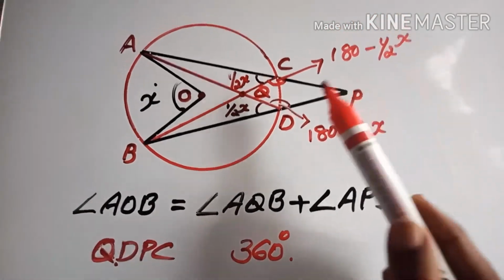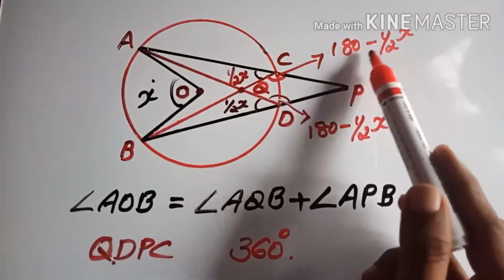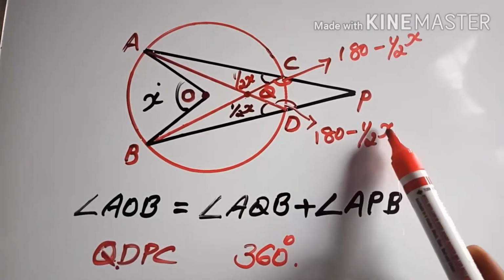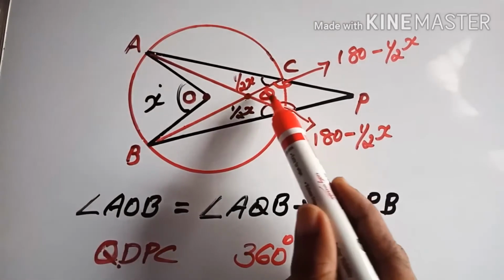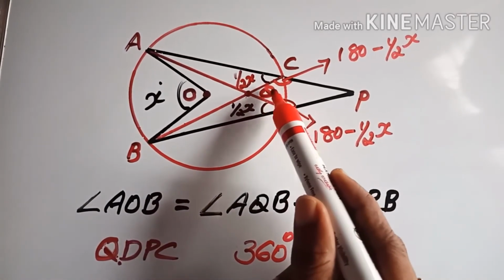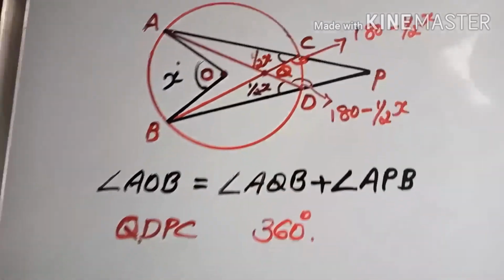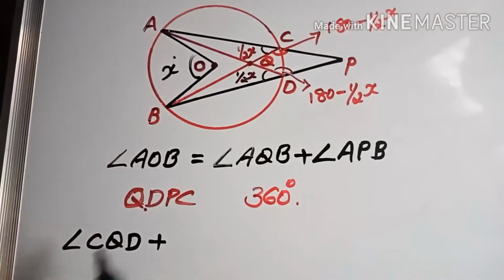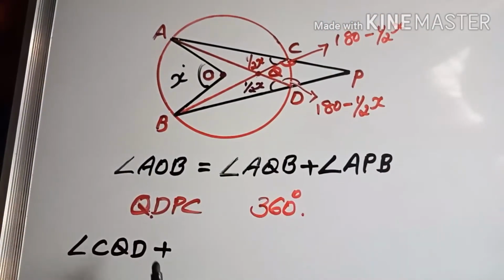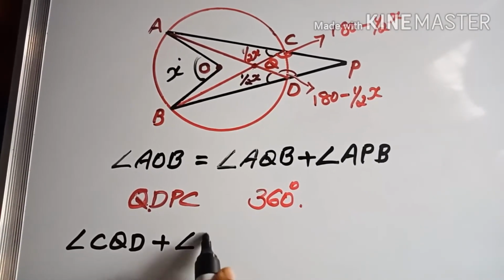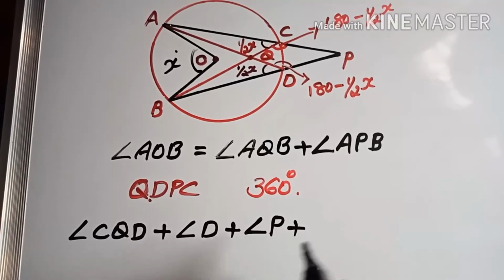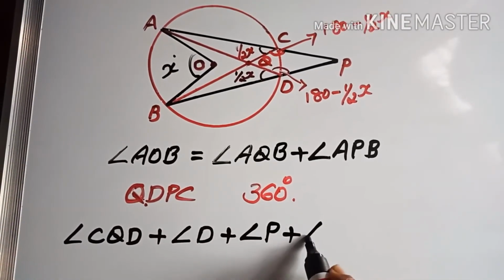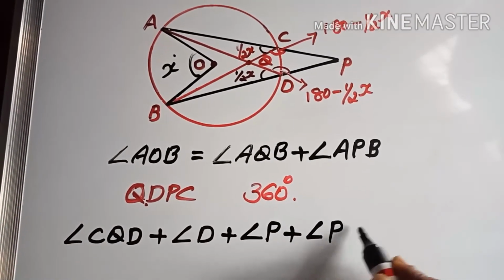Out of that, we know only these two angles, 180 minus half x and 180 minus half x. So let's add all the angles here. First is angle CQD, next is angle D, plus angle P, plus next is angle PCQ.